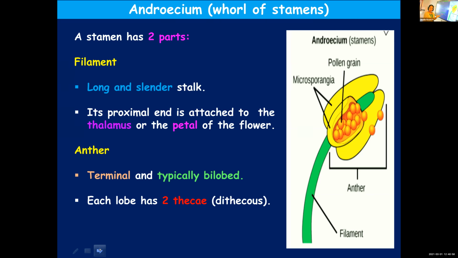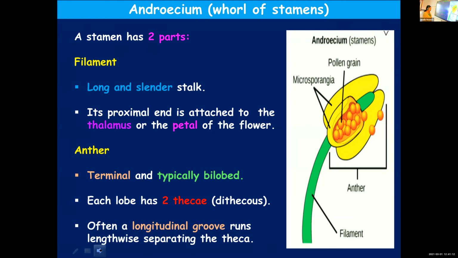So the anther is dithecous, meaning it has two chambers in each lobe. Each anther has two lobes. Inside each lobe, there'll be two compartments or chambers. And a longitudinal groove runs lengthwise, separating the theca.